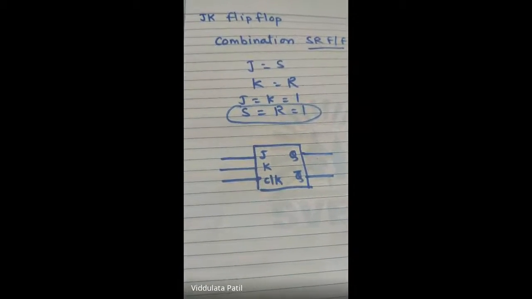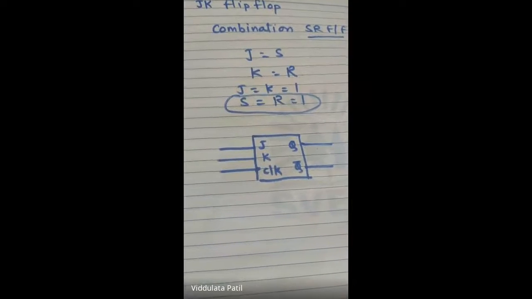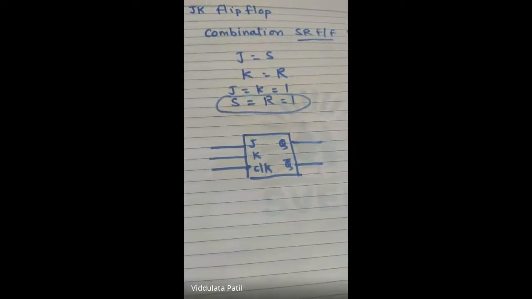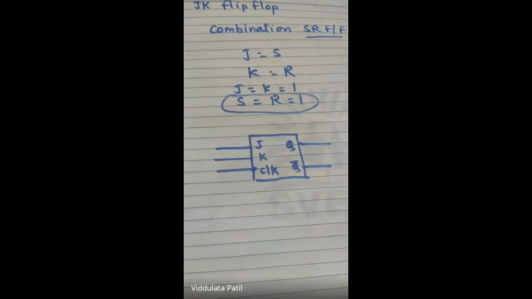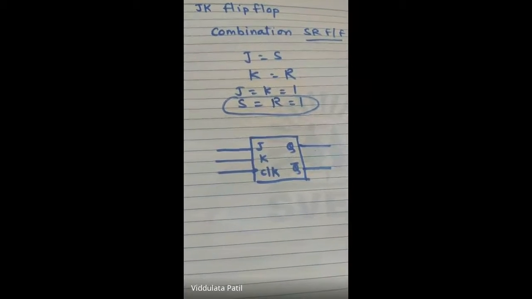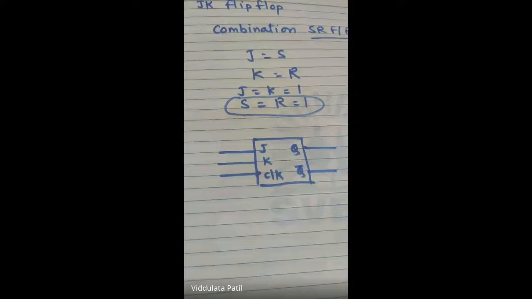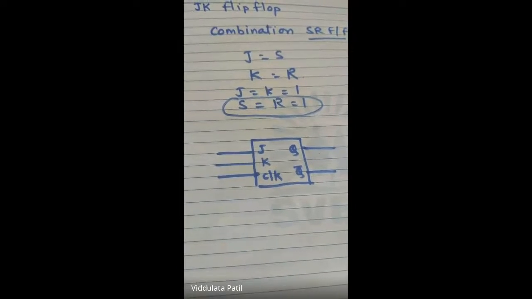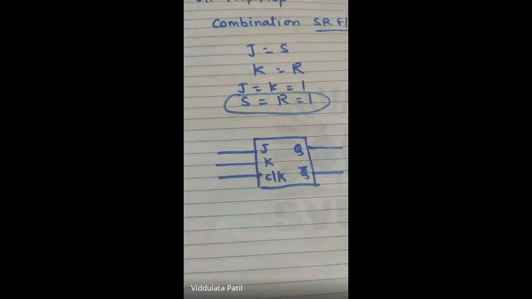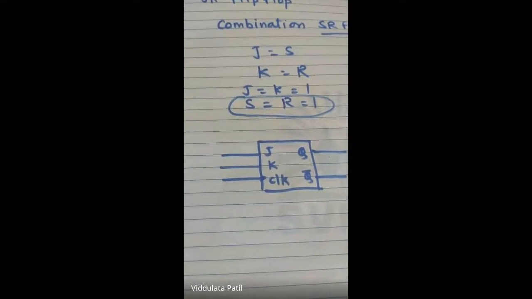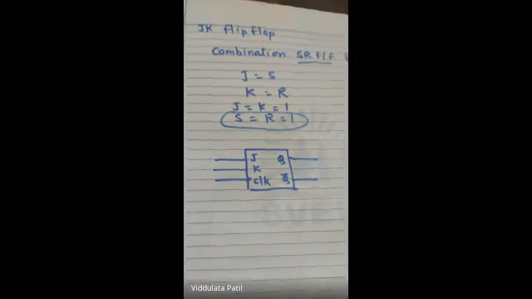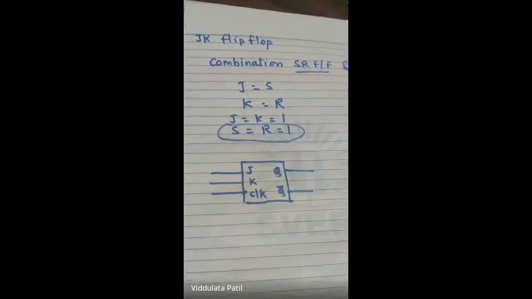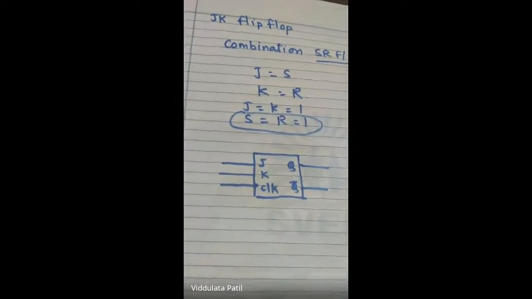Okay. That means we get Q and Q bar both equal to 1, and that is not a valid case. So in a JK flip-flop, that condition is not present, but whenever J equal to K equal to 1, it behaves like a toggle flip-flop. So it toggles the output value, and in that way, this is different than that of the SR flip-flop.